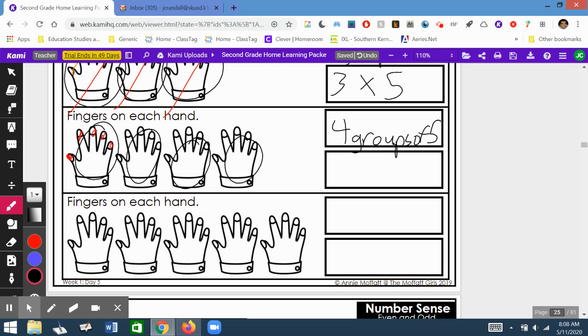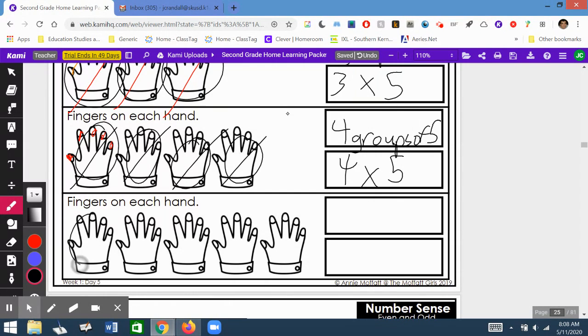And as I said before, groups of is what we say to mean times. Now we can do our chant to figure out what the answer is. You don't have to write the answer, I'm just showing you why we did the chants. 5, 10, 15, 20. 4 times 5 is 20.